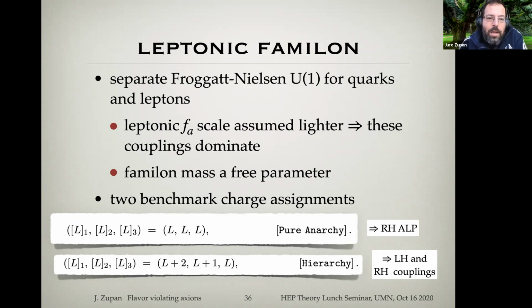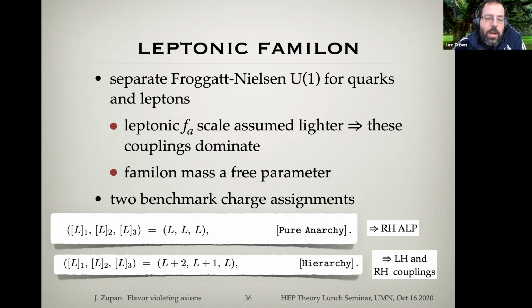And so let's say here, it really depends on what you assume, so that's this leptonic flavon. So you just think of U1 for the leptonic sector, no? And the quarks have a different U1 that has its own Froggatt-Nielsen. And here it depends on what you assume for the neutrino masses, no?